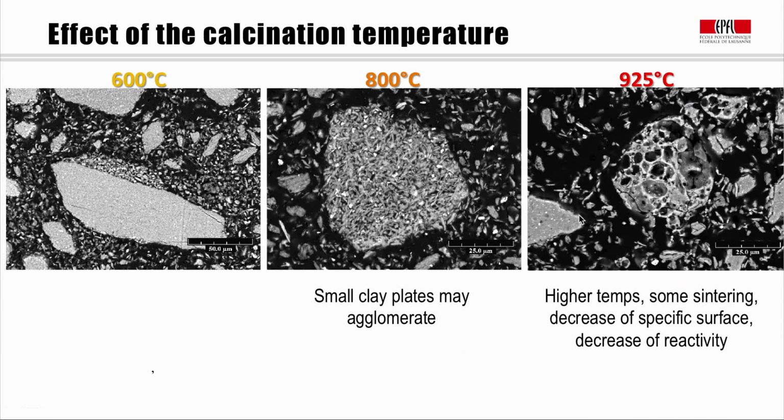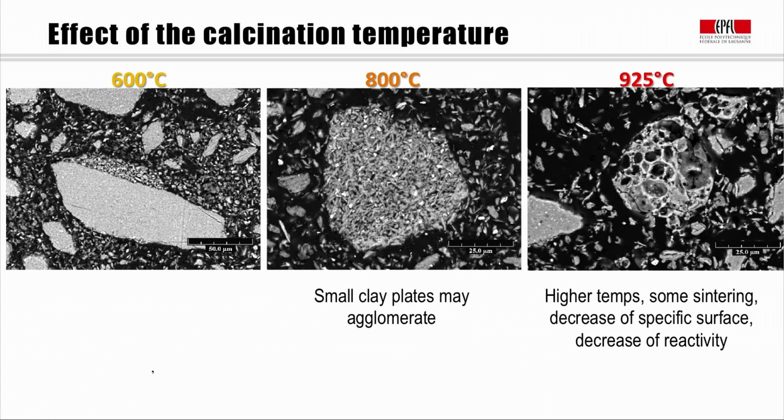Now, why do we have this decrease in reactivity? We can see that in this series here, this is the clay calcined at 600. We can see these agglomerates of these tiny clay platelets. Again, we can see these agglomerates at 800, and now when we go to higher temperatures, in this case we've gone right up to 925, we no longer see these individual platelets, but we see these kind of glassy looking grains.